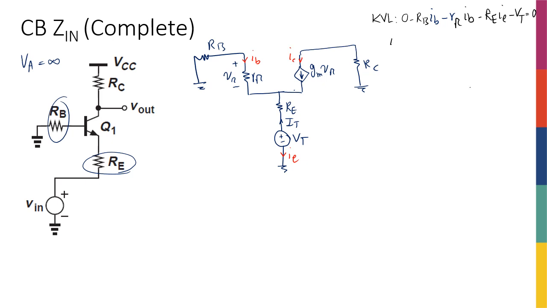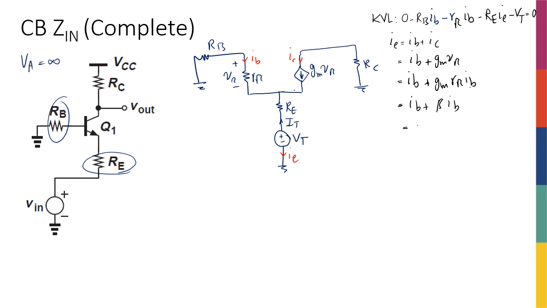Now knowing that IE is equal to IB plus IC, so let me write it down so that we have all the steps. IE is equal to IB plus GM V pi, and I know that V pi is really GM R pi times IB, so this is IB plus GM R pi, which is beta, so beta IB.